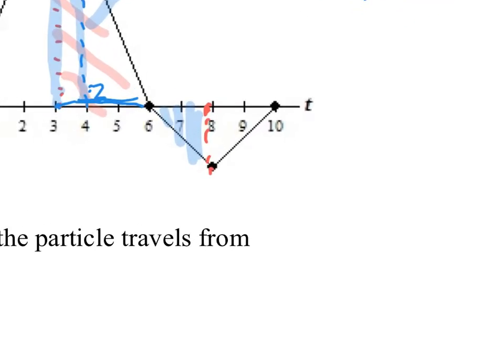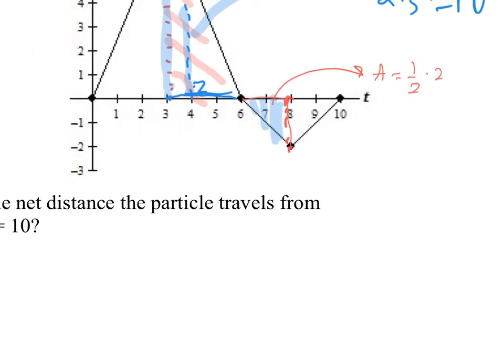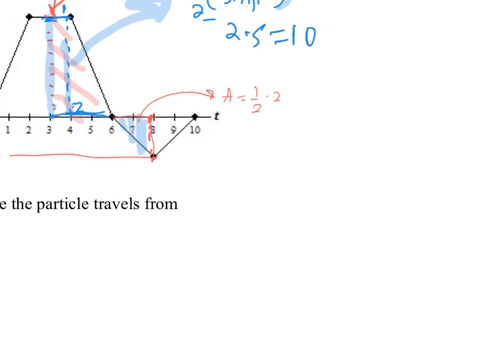Okay, let's calculate this area. That area is 1/2. The base of this triangle is 2. The height of this triangle is 2. Goes all the way to 2. So 1/2 times 2 is 1.